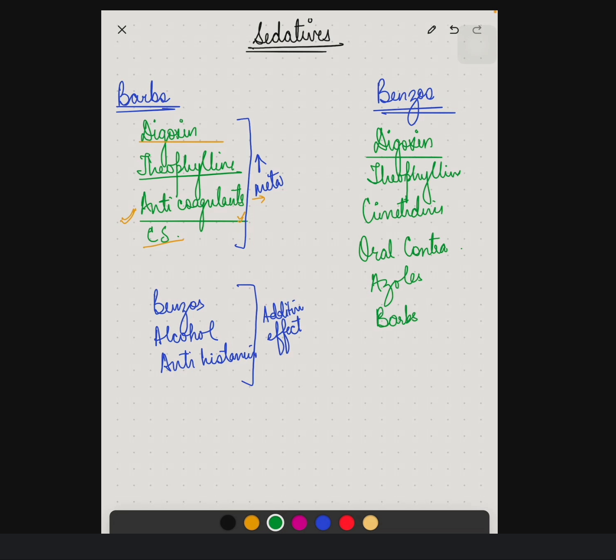What else? Protease inhibitors. Protease inhibitors are on the other side, they are inhibitors of cytochrome P450. So this category of drugs decreases the metabolism of benzos itself. When given with these drugs, they increase the levels of benzos, and when benzos stay active in plasma, it can lead to excessive sedation than the predicted requirement.